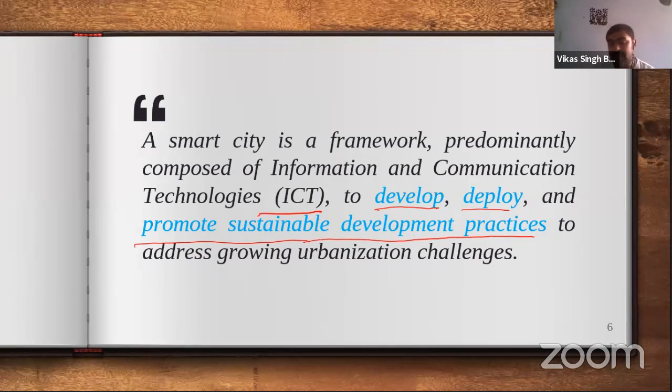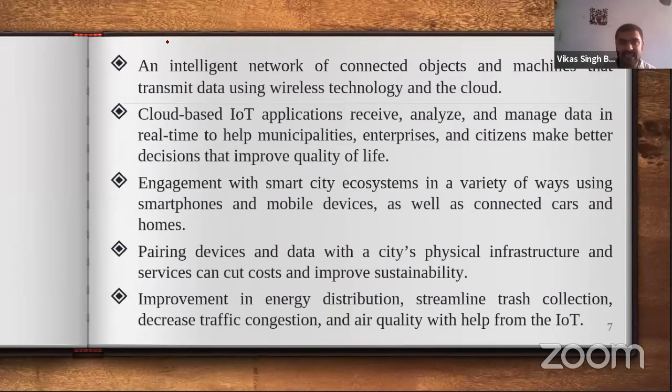So ICT technology is the key parameter in a smart city, and later we will also discuss some other parameters. Then a smart city is an intelligent network, because we are using ICT tools intelligently.